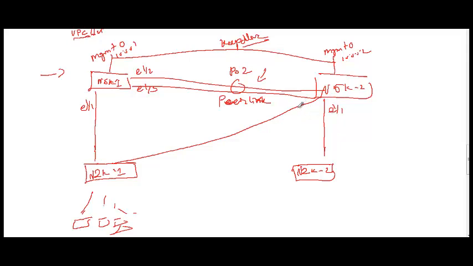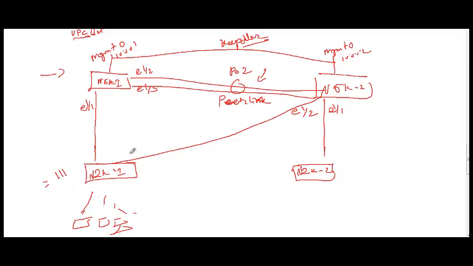Let me call it Ethernet 1/2. 1/2 of the right-hand side switch is connected to the left-hand side fabric extender, and 1/1 of the left-hand side is directly connected to this fabric extender. To identify this fabric extender, let me give a name as 111.